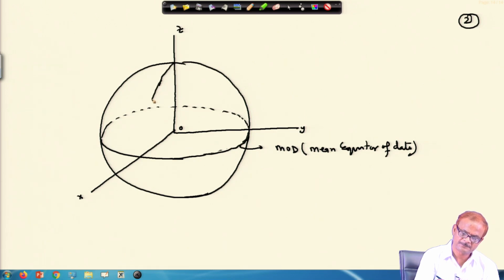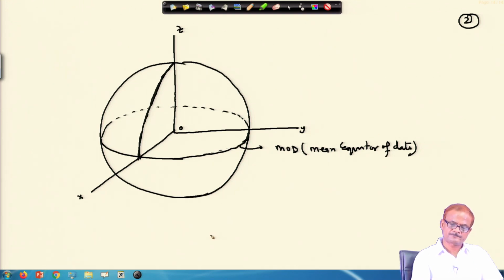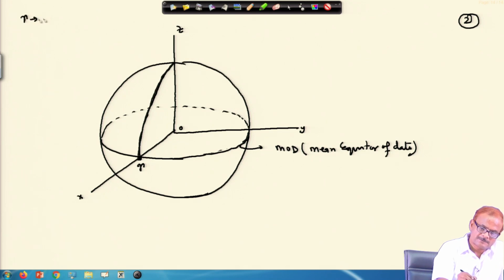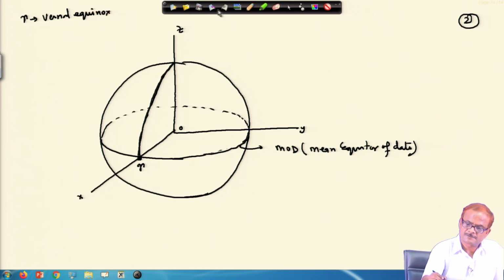And as usual we draw the planes. And here your gamma is there, which we have written as vernal equinox.